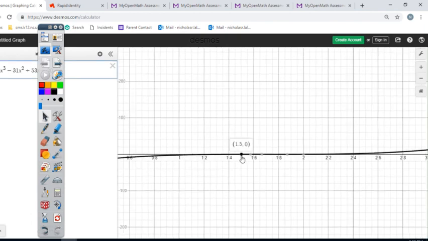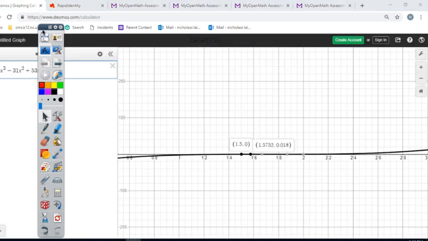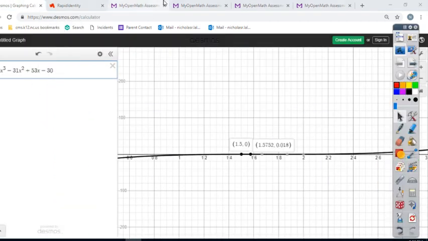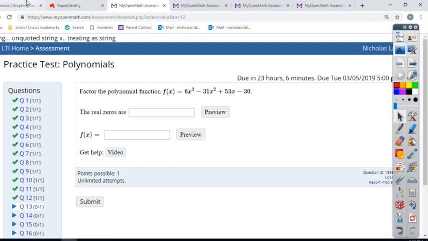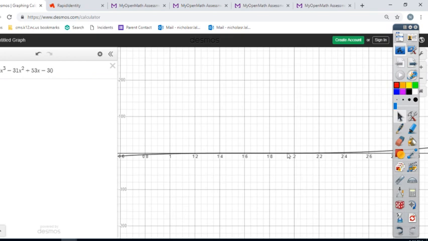We have a 0 at 1.50, 1.57, let's see, let me make sure, 6x cubed minus 31x squared plus 53x minus 30, okay. 1.575, so actually, no, that's not a 0. 1.6666 and 2. So these are our zeros.